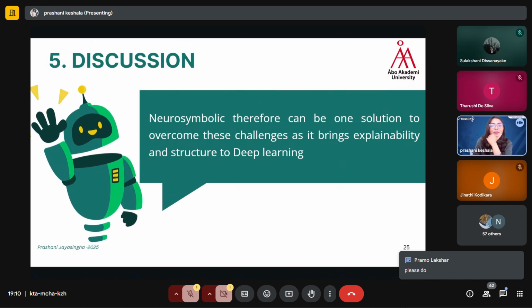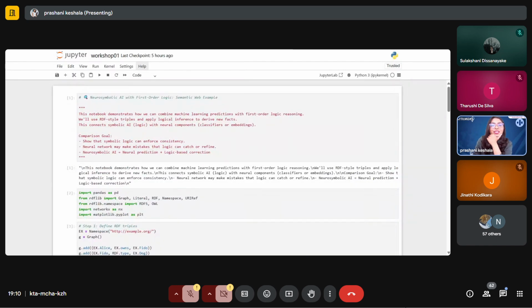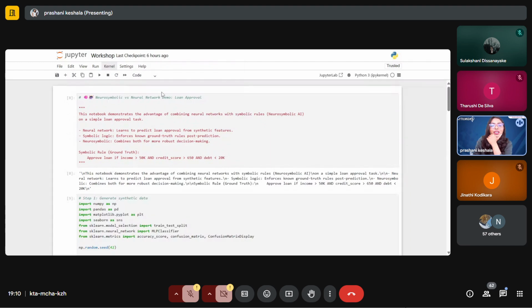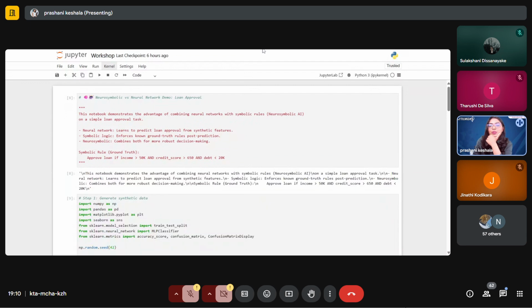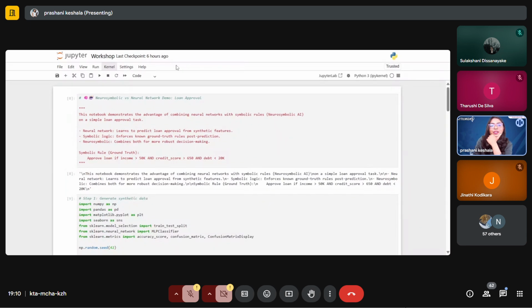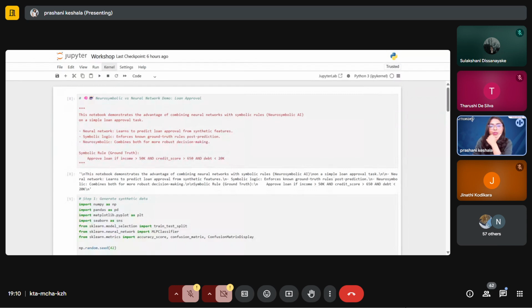Okay, so was it this? Actually, no, it's this one. What I simply want to show you here is a notebook that shows an advantage of having these symbolic rules. This is for a loan approval process in a bank.